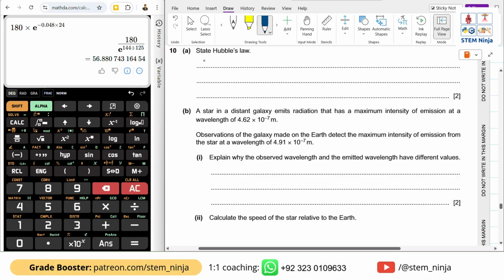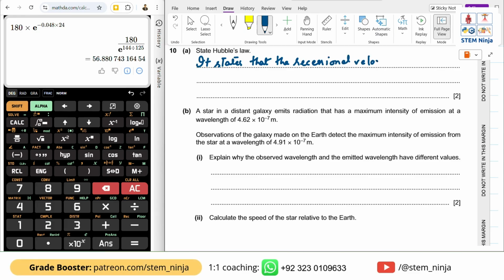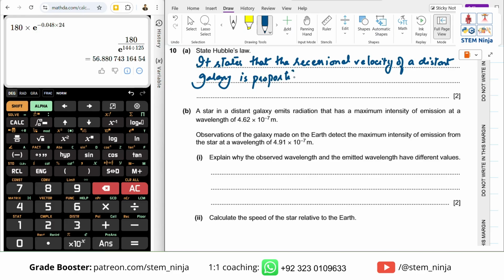It states that the recessional velocity of a distant galaxy is proportional to its distance from the observer.